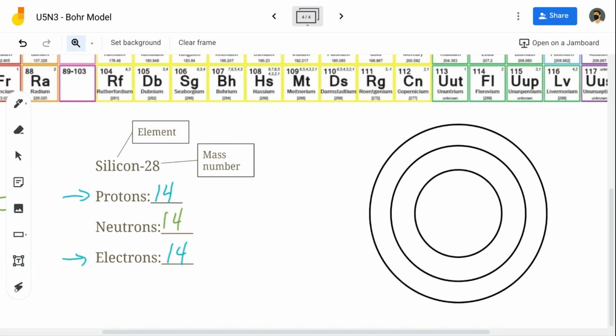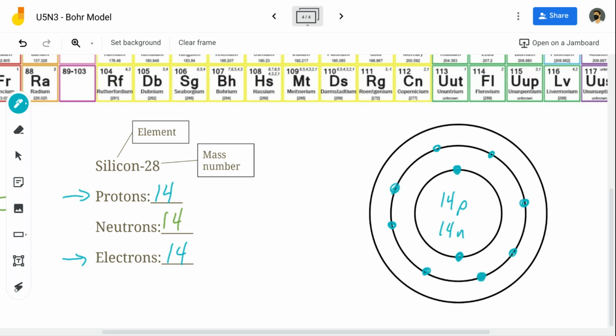Now to complete the Bohr model, we're going to write down 14 protons and 14 neutrons in the center. That's where the nucleus of the atom would be. And now we have 14 electrons. So I'm going to put the first two on the first shell, but then the third one I can't put on that shell. So I'm going to put 3, 4, 5, 6, 7, 8, 9, 10.